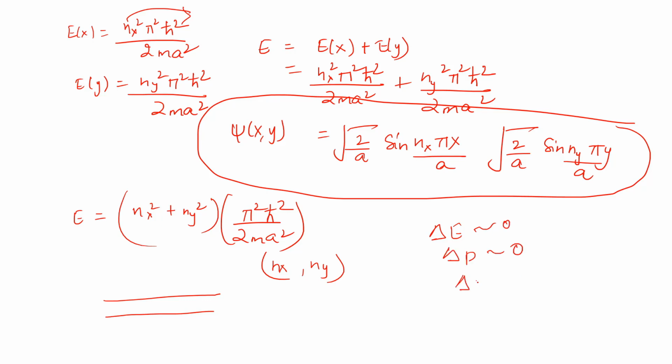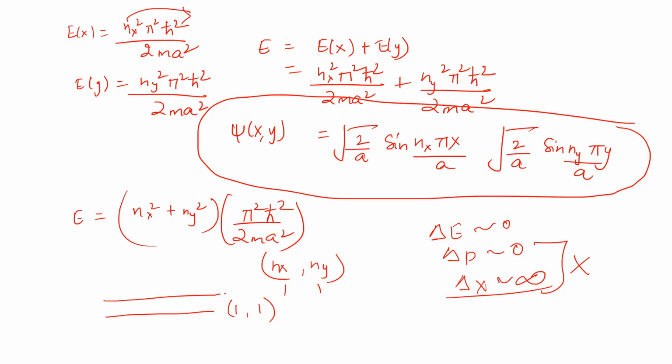So what will delta x be? It will be infinite. So this is not possible. So what will be nx and ny? The ground state is 1 1.